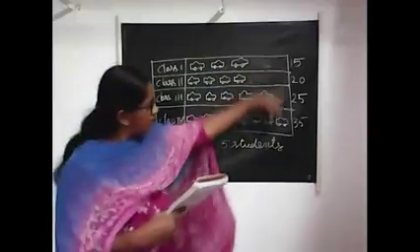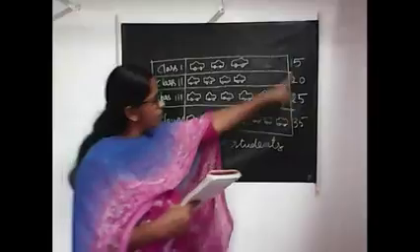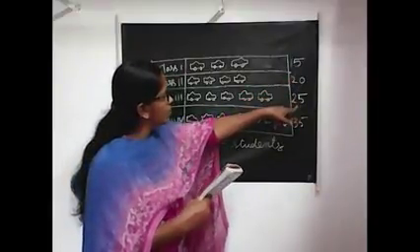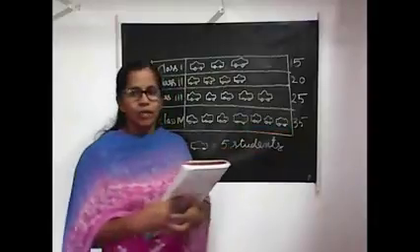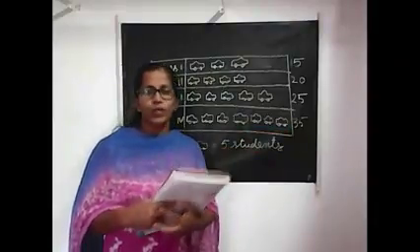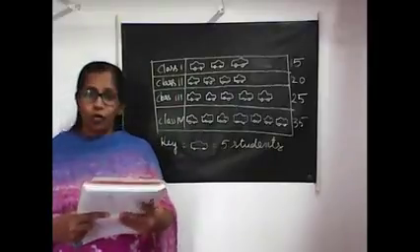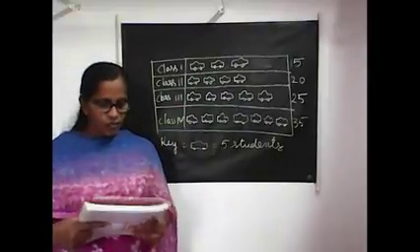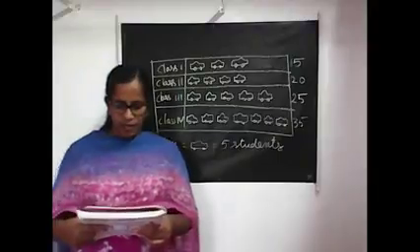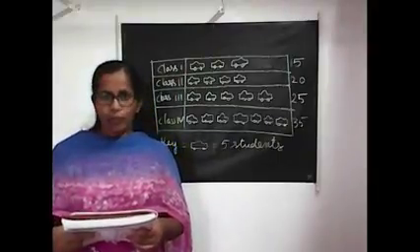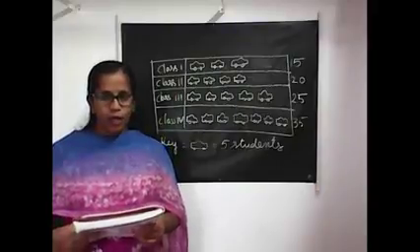Look at this chart. Which class? Here only 15 students. Here is 20 students. Class 3 is 25 students. Class 4, 35 students come by car. So which class? The answer is 4. Class 4 has the maximum number of students who travel by car. You can write it there, 4. I hope it is clear.